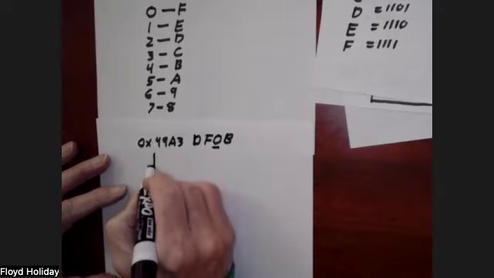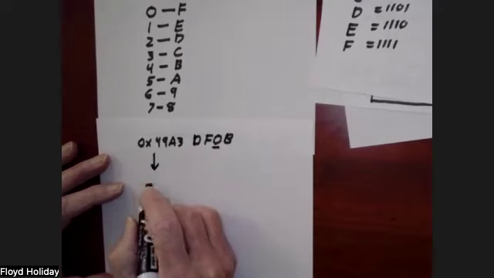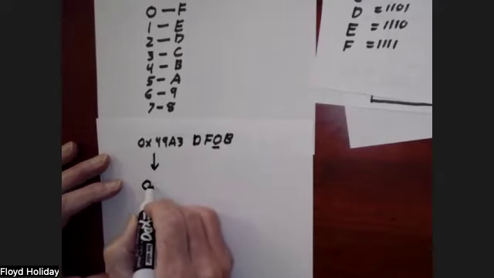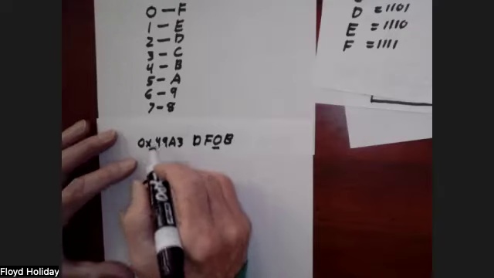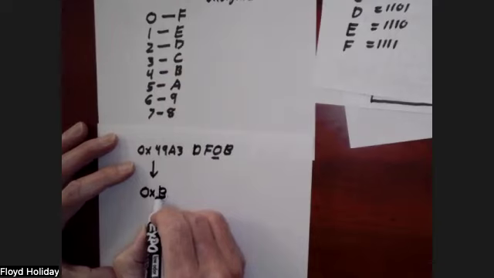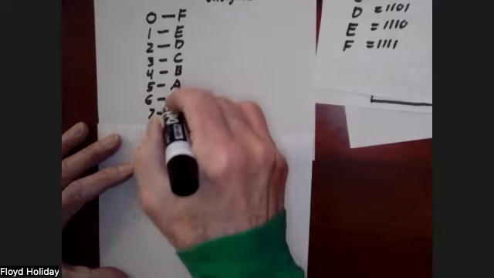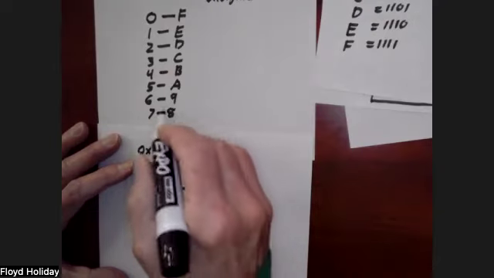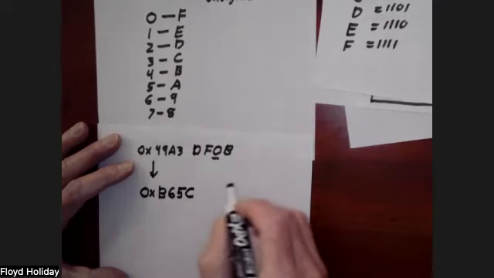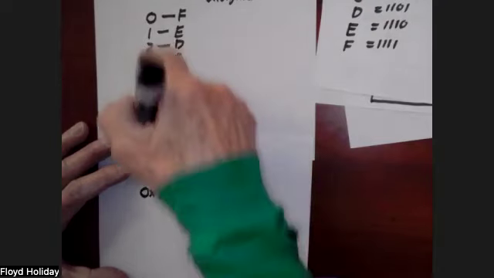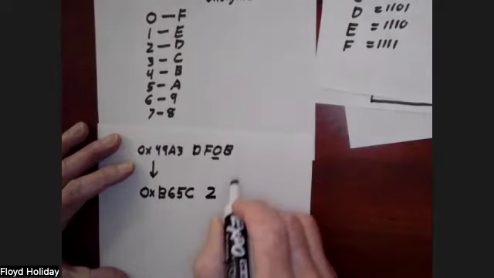So to go to the negative, we complement each hex digit. 4 becomes a B. 9 becomes a 6. A becomes a 5. 3 becomes C. D complements to 2.